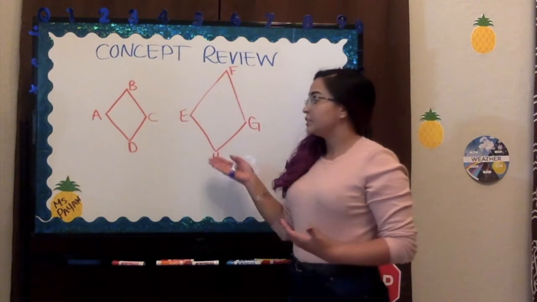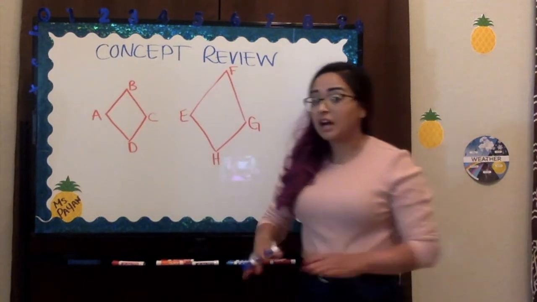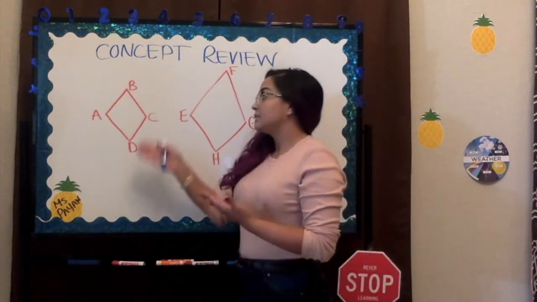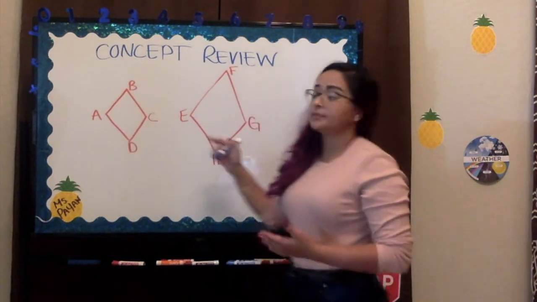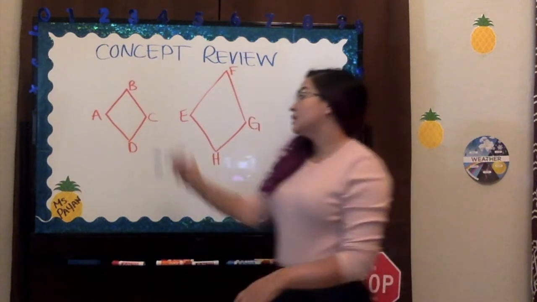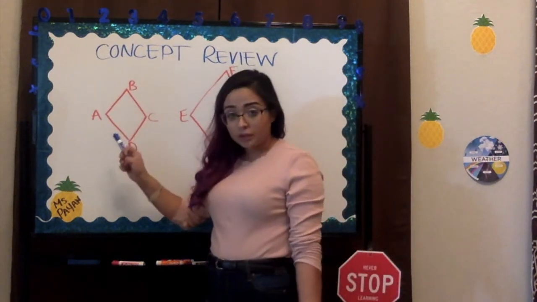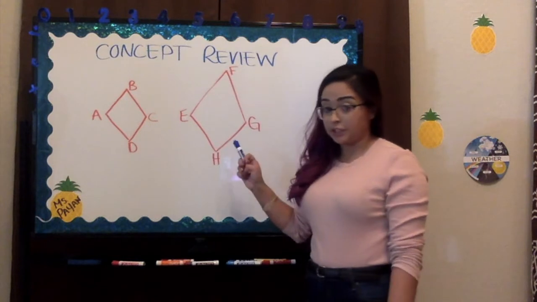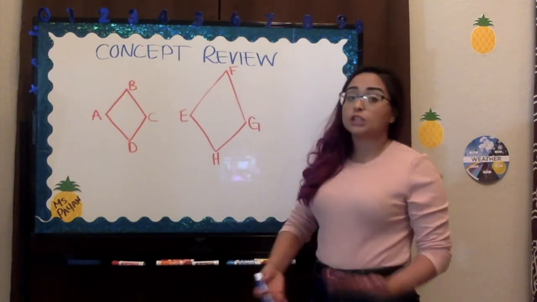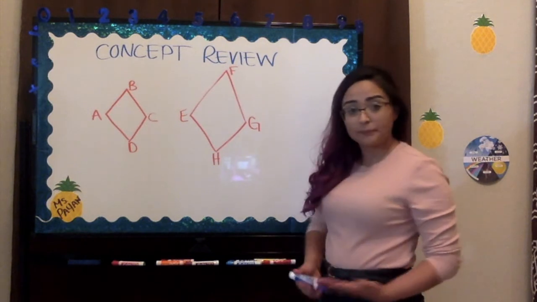These two figures are similar, but they're not exactly the same. They're similar because they both have 4 corners and they're both diamonds. Now, this one is smaller though, and this one is larger. That's why they're not the same. But let's write the corresponding sides and angles, okay?